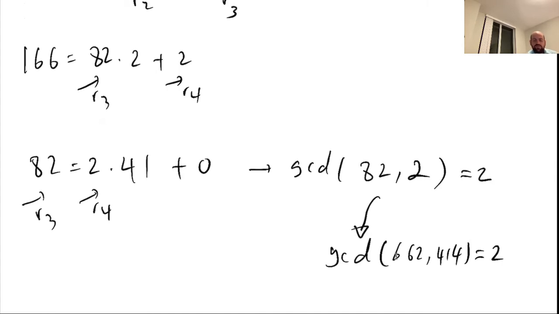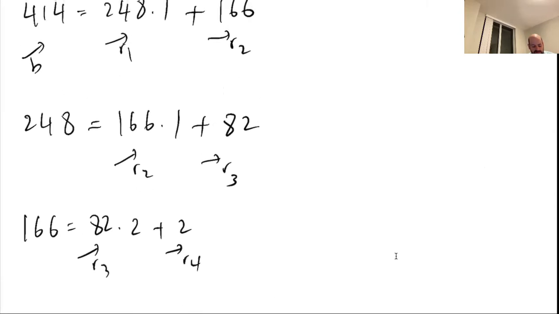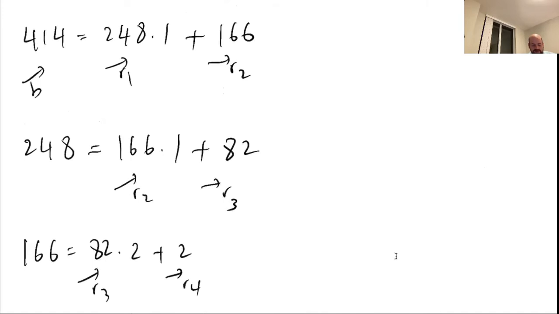And once I see that one number is a multiple of the other one, then I can say that GCD is the smaller number. 82 is a multiple of 2, so GCD right now is 2. But GCD of 82 and 2 was the same as 166 and 82, which was the previous step.